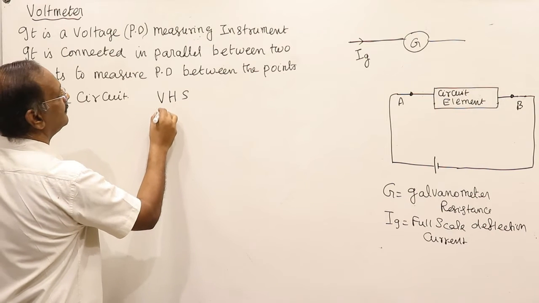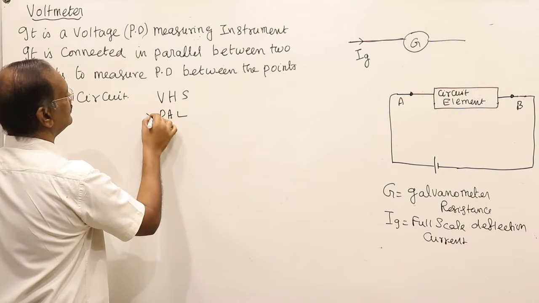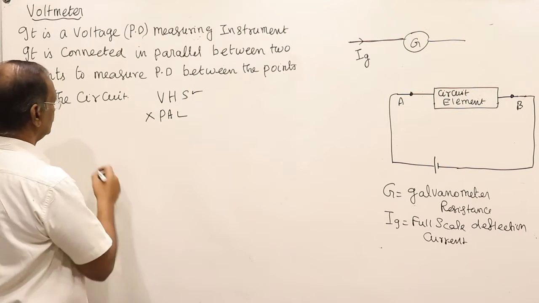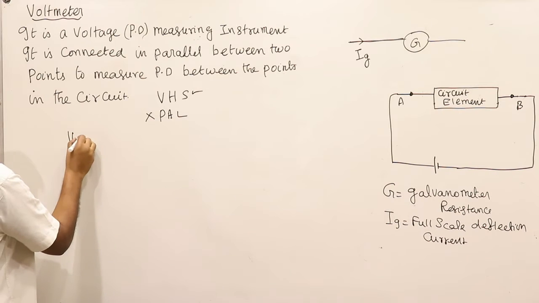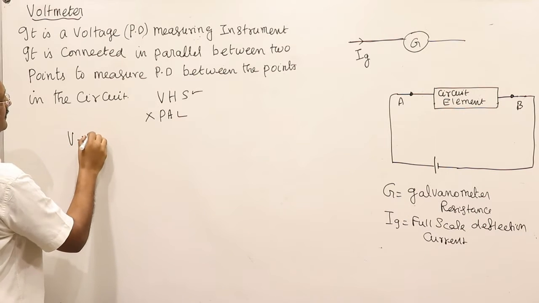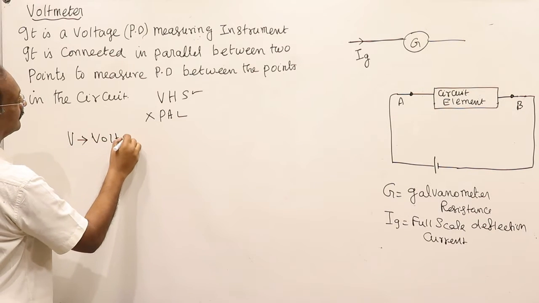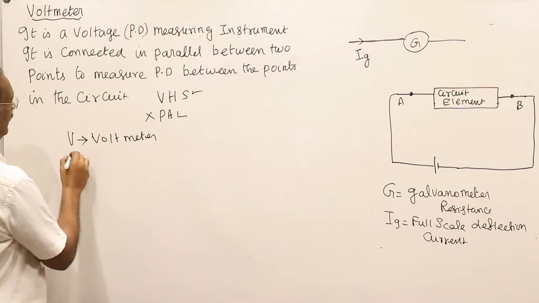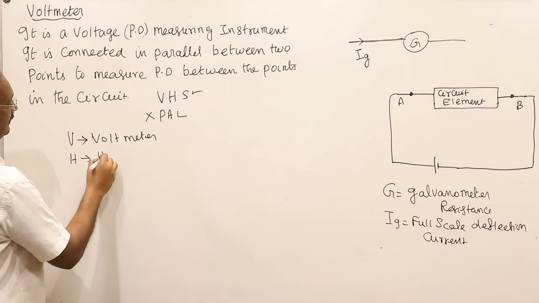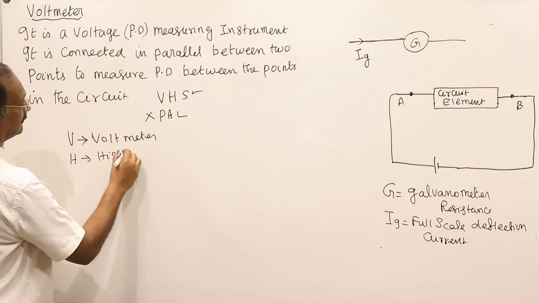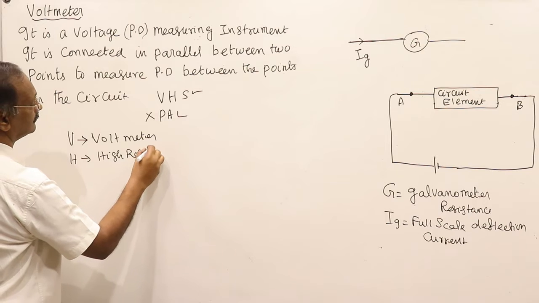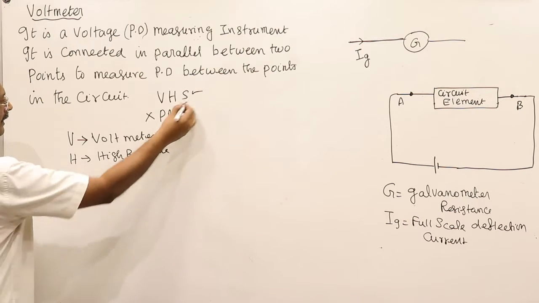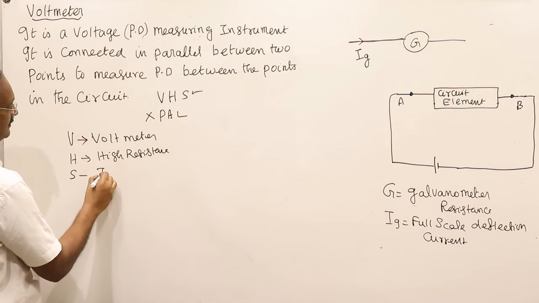V stands for voltmeter, H stands for high resistance, and S stands for in series.